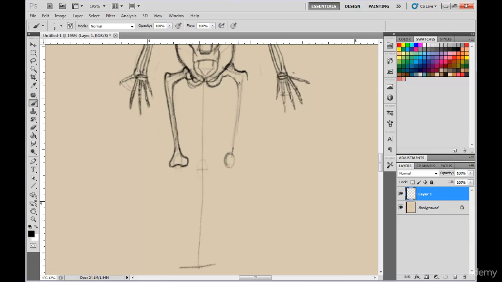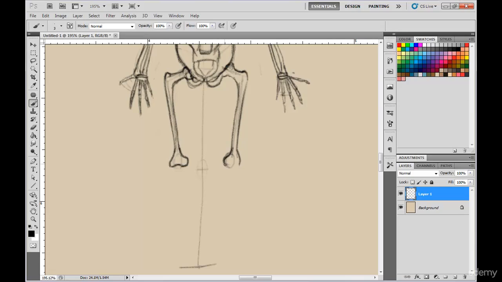You might think that learning the skeleton is not important, and you might even want to skip it, but you don't want to. You don't want to skip the skeletal structure. I'm telling you, it will help your figure drawings tremendously. Just trust that it will help tremendously, and do the exercises.